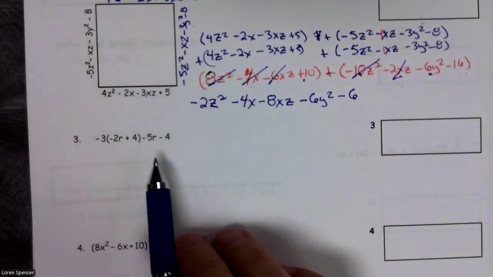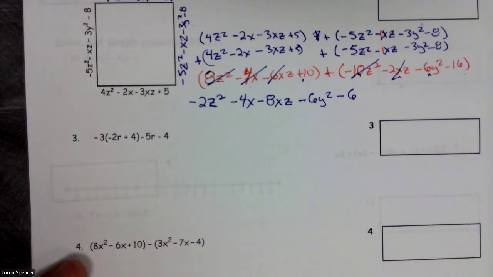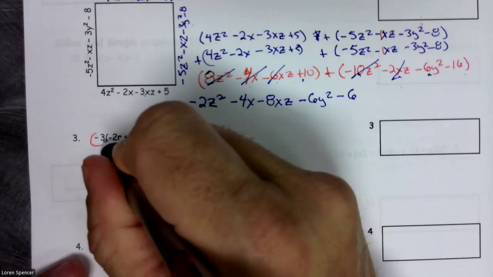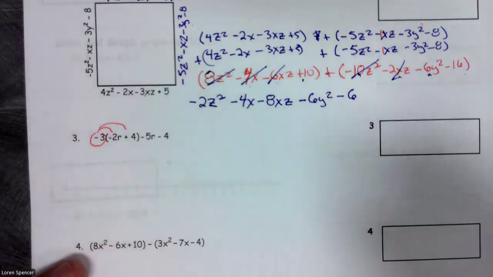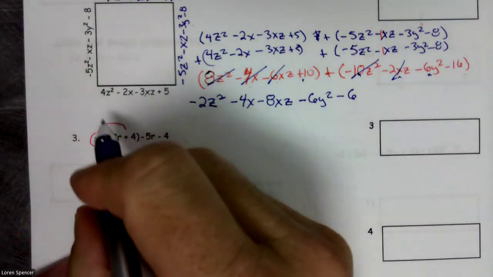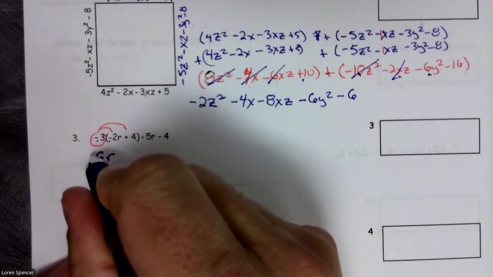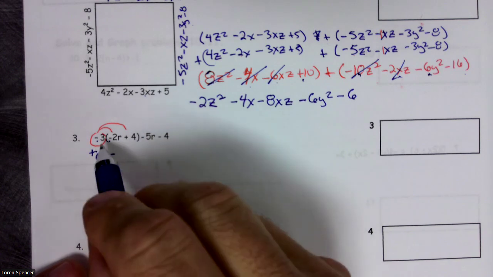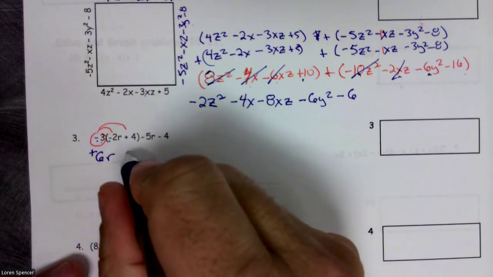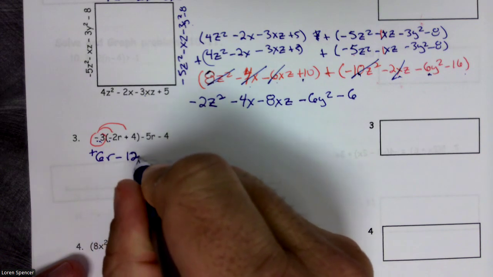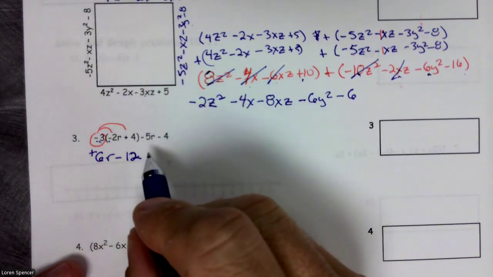Next thing, we're still simplifying. All right. Well, in simplifying, I see I have parentheses, so I'm going to have to distribute. And so negative 3 times 2 gives me 6. And a negative times a negative is a positive. 3 times 4 is 12. But a negative times a positive is a negative. And you can check that with the Desmos.